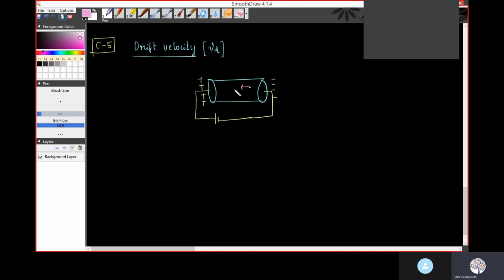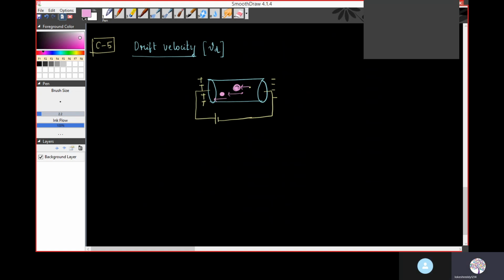When the electron moves, it hits the positive ion cores, loses all its energy, and again due to the attraction it accelerates. Then it again hits the positive ion cores and loses its energy and accelerates again in this direction.